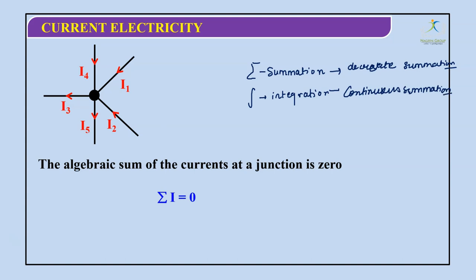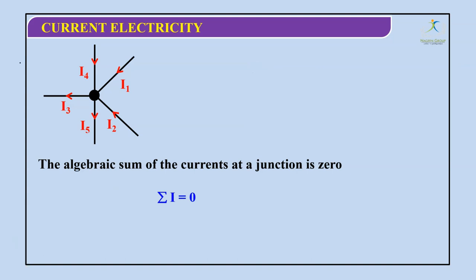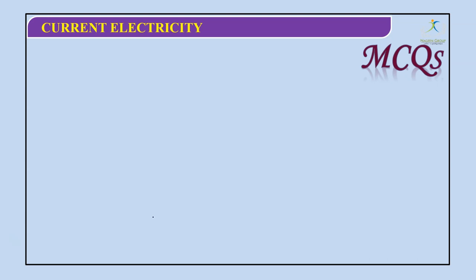In the case of a discrete summation, we just use the summation symbol. For the continuous summation, we use the integration symbol. Hence, from this diagram, we can say that I1 plus I2 plus I4 minus I3 minus I5 is equal to 0, as per the sign convention which we have taken.